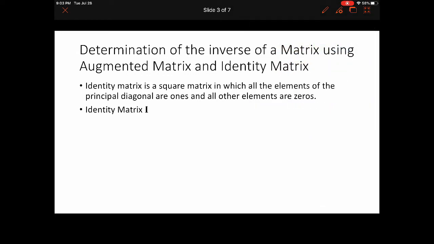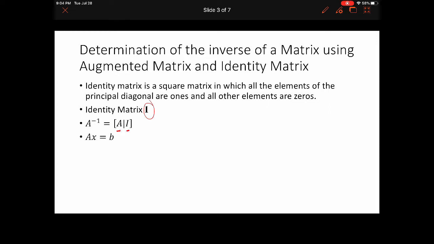The identity matrix is denoted as I. In order to find the inverse of a matrix, we are going to use the matrix itself and then the identity matrix.